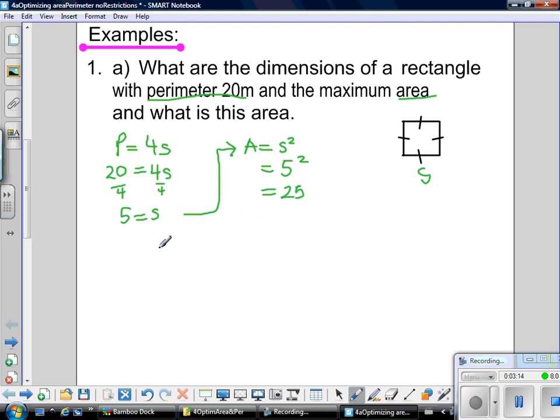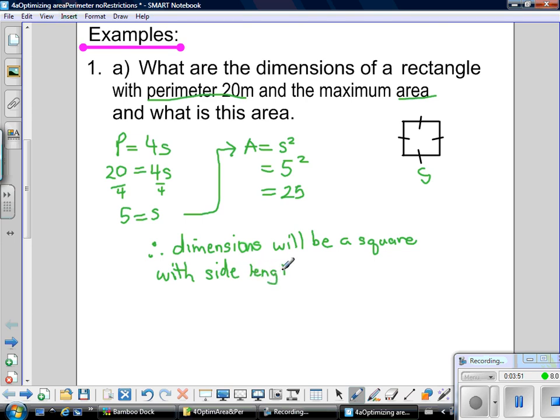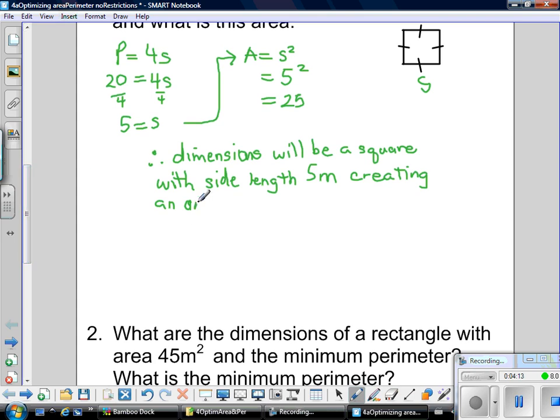So all we need to do now is to actually write a therefore. So therefore, dimensions will be a square with side length 5 meters, creating an area of 25 meters squared.